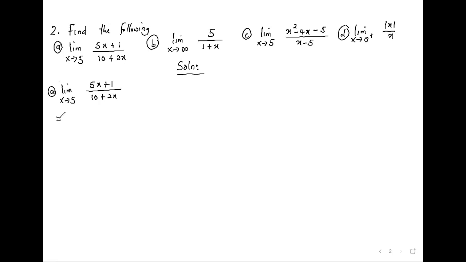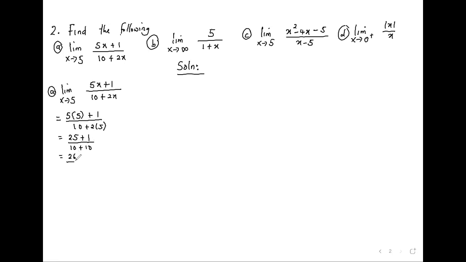Here, we start by substituting. So we have 5 times 5 plus 1 over 10 plus 2 times 5. That is 25 plus 1 over 10 plus 10.